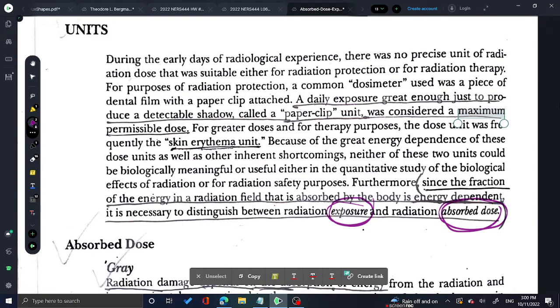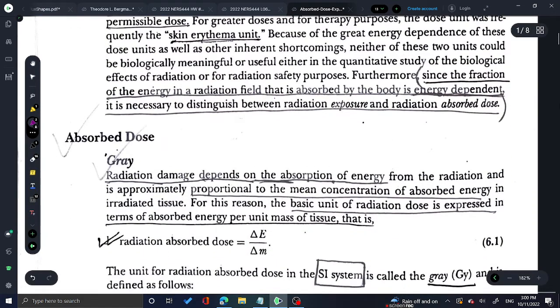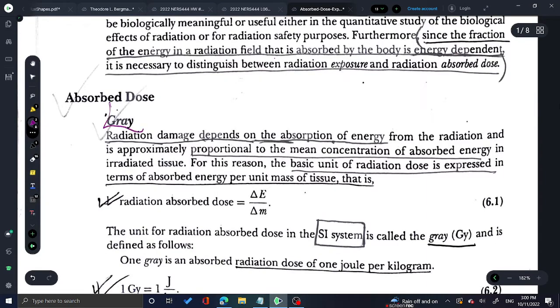Okay. So let's see what units we use for absorbed dose. Basically, we have two units. One of them is gray, and the other one, as you will see, is rad. So what is 1 gray? 1 gray is the basic unit that is used for defining absorbed dose.